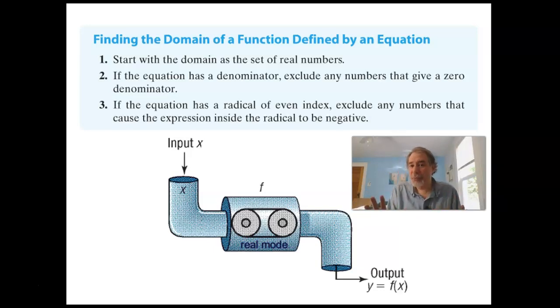Since we're in real number mode, we don't want to be taking the square root of any negative numbers. So the radicand, the thing under the square root sign, has to be greater than or equal to 0. Okay, so with that in mind, let's look at some examples.